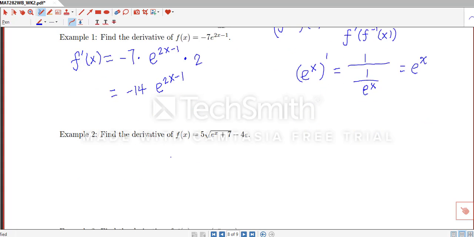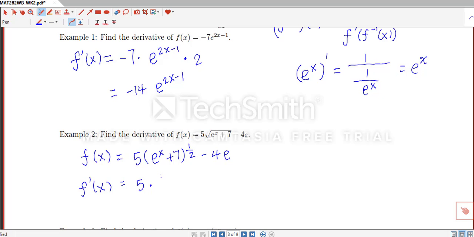Now let's take a look at the next example. Again, it's a little bit complicated because we have a composite function, so we have to be careful. First, we rewrite f of x using the power form. We get 5 times e to the x plus 7 to the 1/2 power minus 4e. Next, we take the derivative. The constant remains.